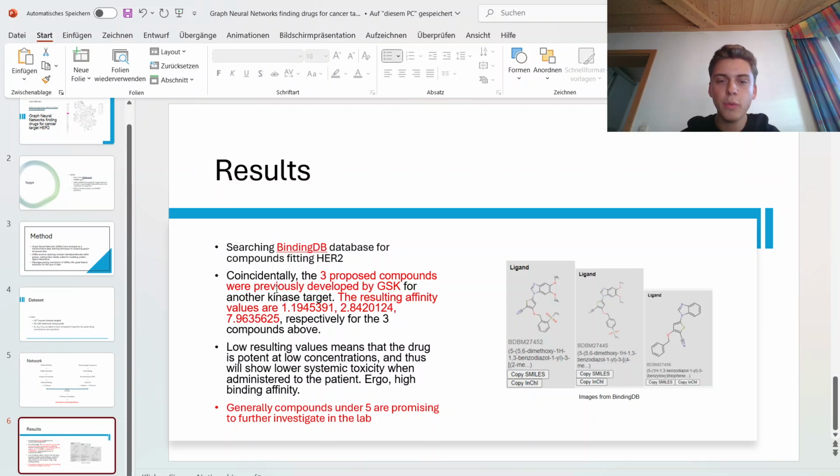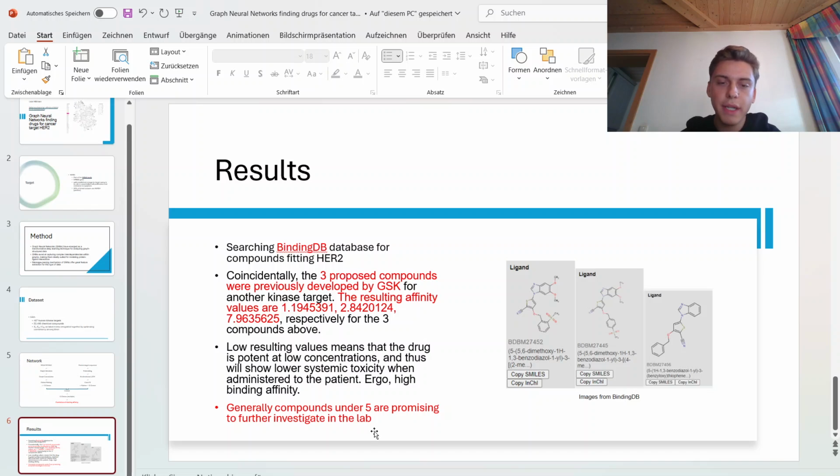And these three were compounds that were previously developed by GSK for another kinase target, and the resulting affinity values for this one, and this one were 1.19, which is really good if it's actually true in the lab, and then 2.84 and 7.96, which is not really promising. Generally, as I state here, compounds under 5 are promising to further investigate in the lab.